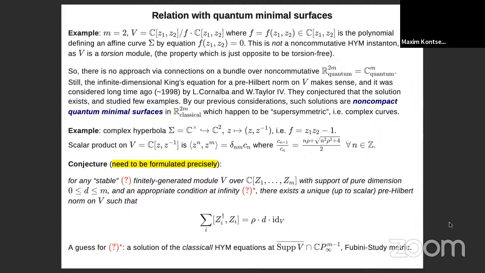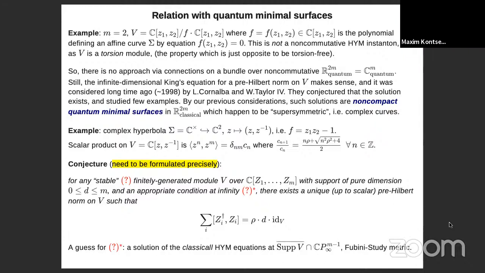And these equations, where the sum of commutators is equal to 0, imply minimal surfaces. They will be quantum minimal surfaces which are supersymmetric, so non-compact complex curves. And there was one simple example which Carnalba and Taylor didn't discuss. They forgot to look at it. It's really the simplest possible example where you can do everything in closed form.